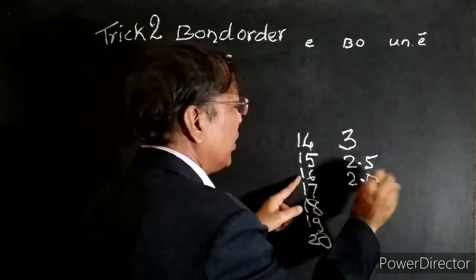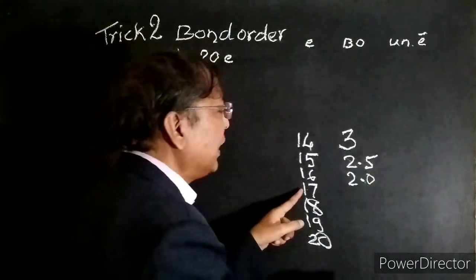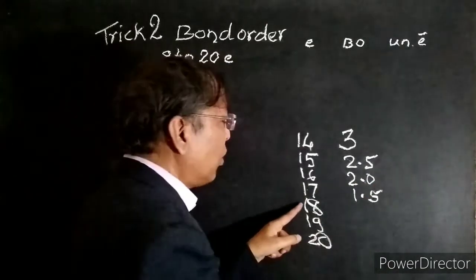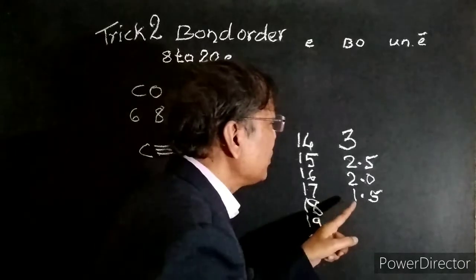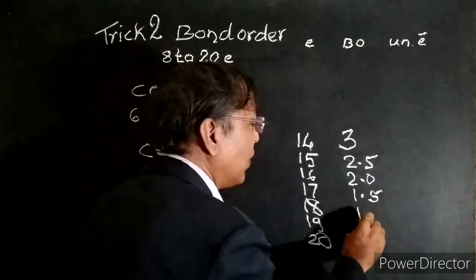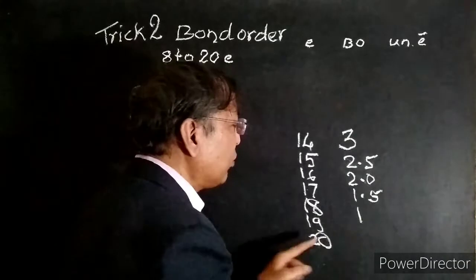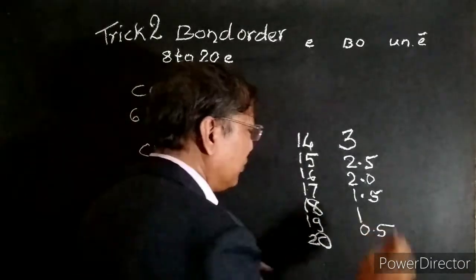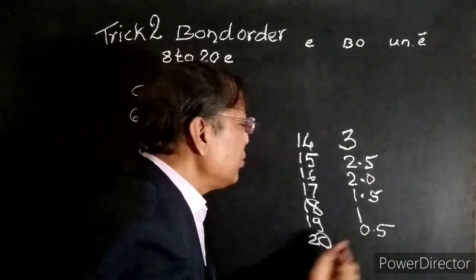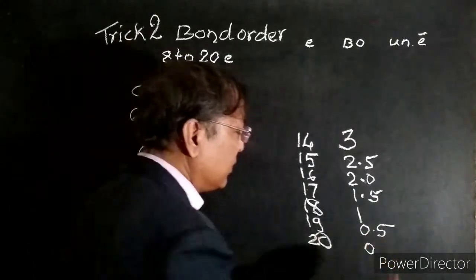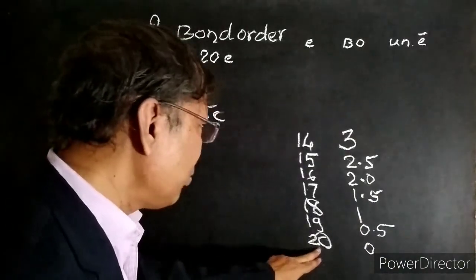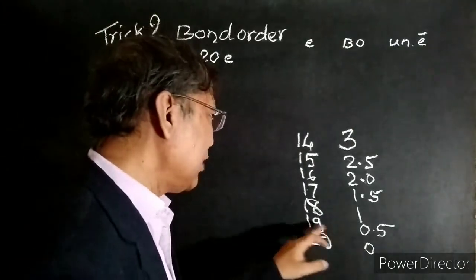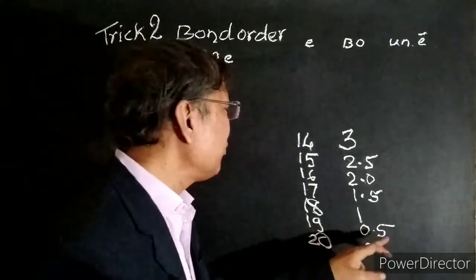For 16 electrons it becomes 2.0. If the molecule contains 17 electrons, reduce 0.5 and it becomes 1.5. For 18 electrons, it becomes 1. For 19 electrons, it becomes 0.5. For 20 electrons, it becomes 0. Therefore, if the molecule has 20 electrons, its bond order will be 0. If it has 19 electrons, its bond order will be 0.5, and so on.